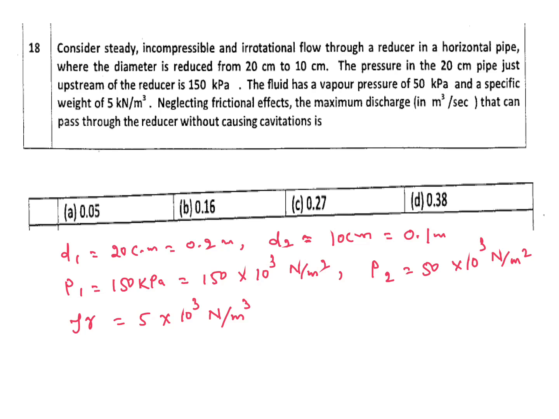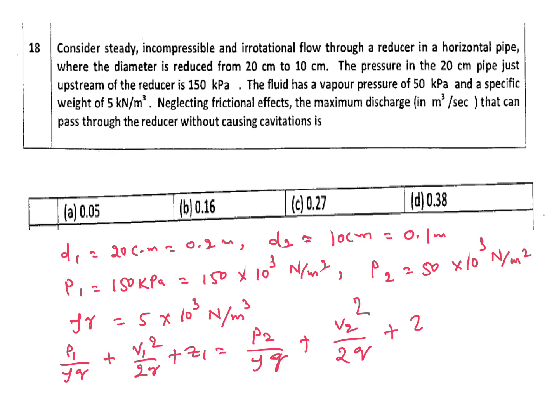So P1 by rho g plus V1 square by 2g plus Z1 equal to P2 by rho g plus V2 square by 2g plus Z2.